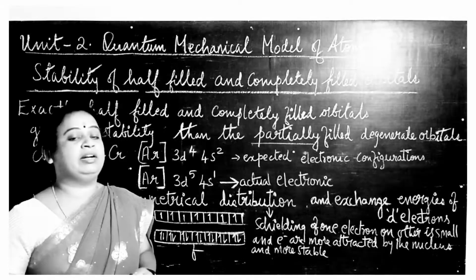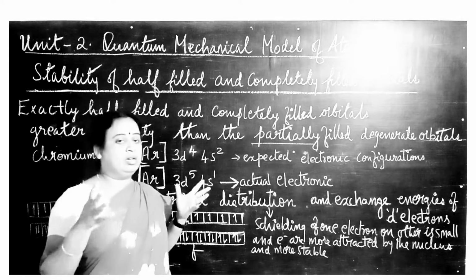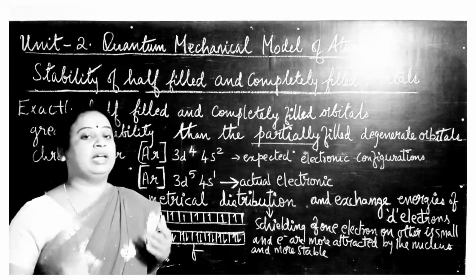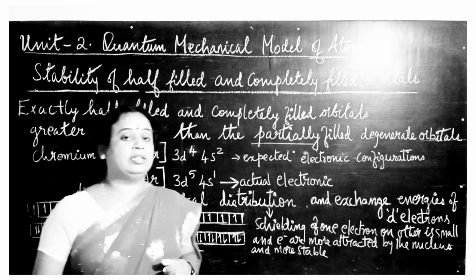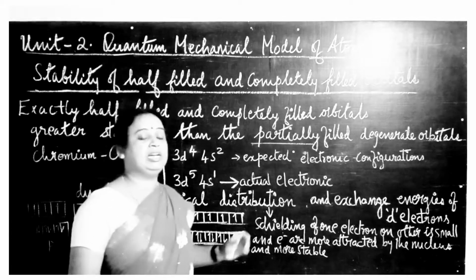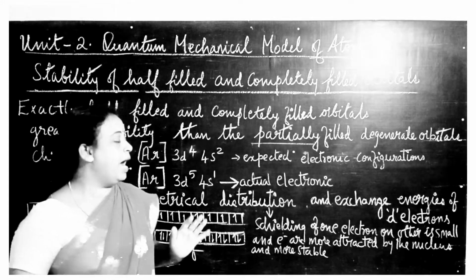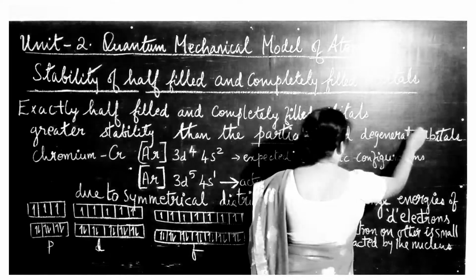In between 5 and 10, like 2 electrons or 3 electrons or 6 electrons or 7 electrons, if it is present in the d orbital, then they are partially filled d orbital. Got it? And they are also degenerate orbitals. Why?